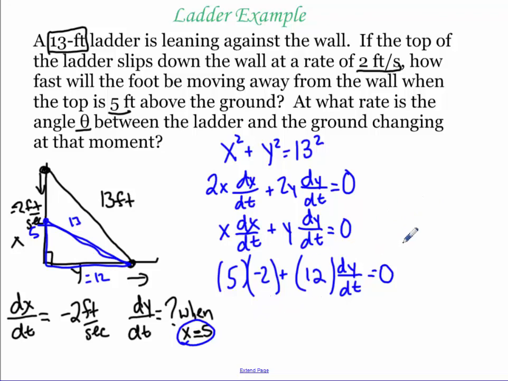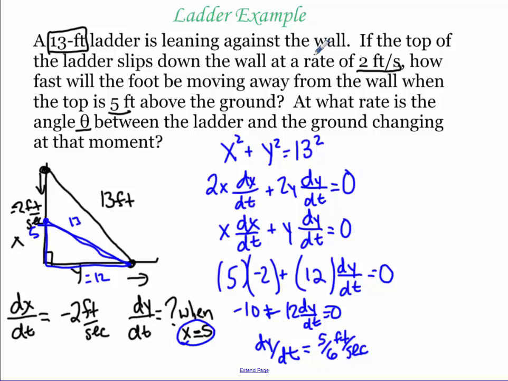So solving that, we get -10 plus 12 dy/dt equals 0. So dy/dt, simplifying, is equal to 5/6, and let's get some units, feet per second.